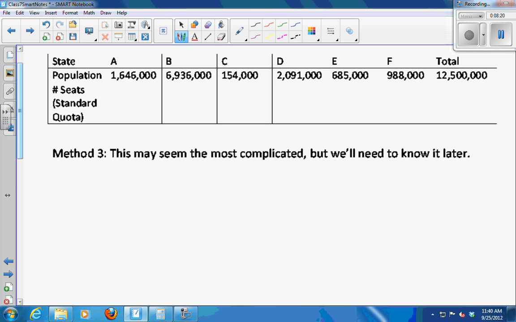Okay. So if there are 250 seats total to represent a total population of 12,500,000 people, how many people should be represented by each congressperson, by each seat in Congress?